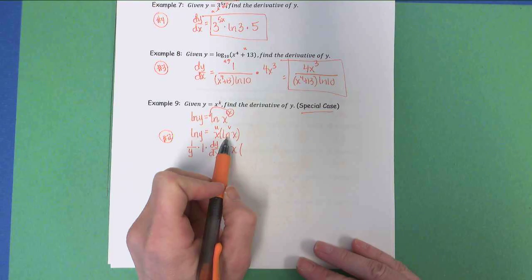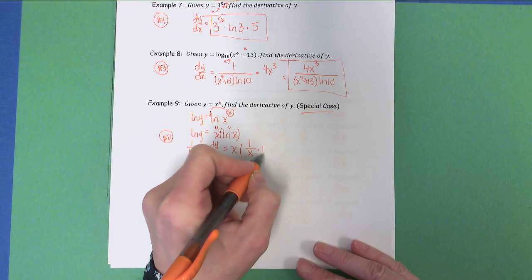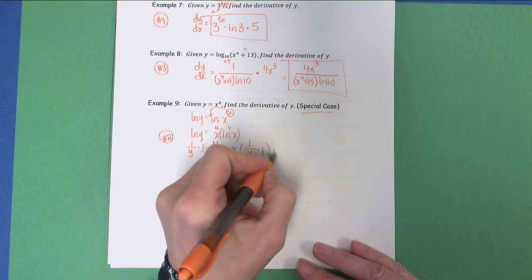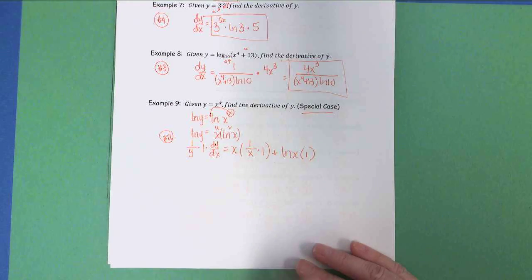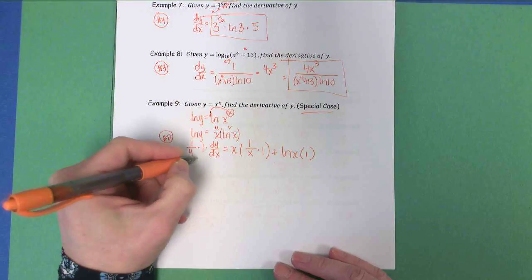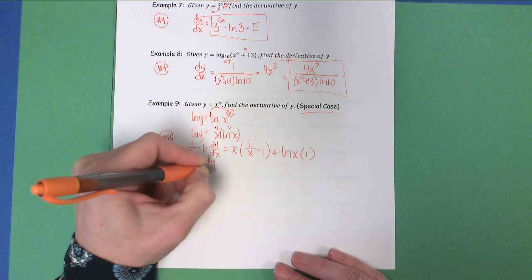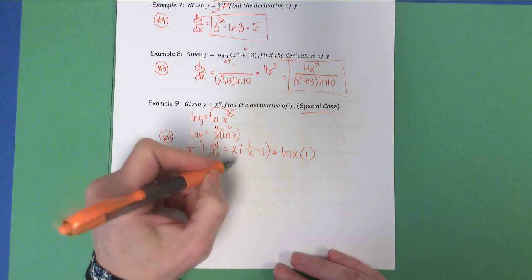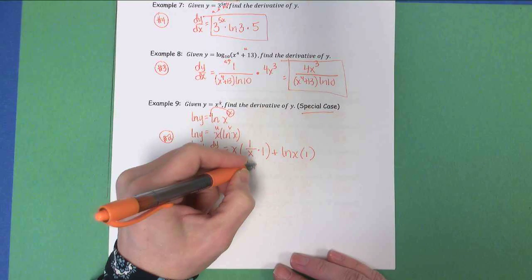The derivative of the ln of u is 1 over u times derivative of u. So that's the first times the derivative of the second plus the second times the derivative of the first, which would be 1. Cleaning this up, 1 over y times 1 is just 1 over y dy dx equals x times 1 over x times 1 is just 1, plus ln of x times 1 is just ln of x.